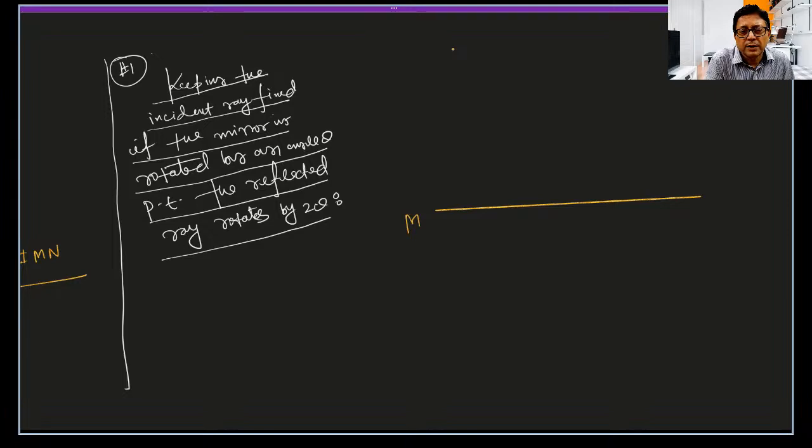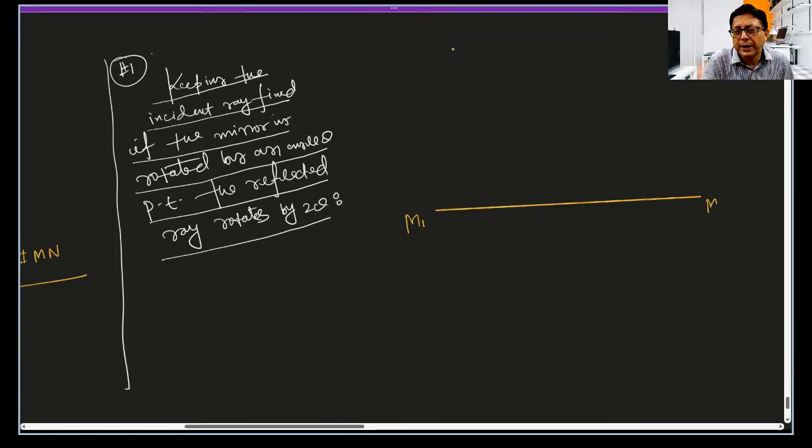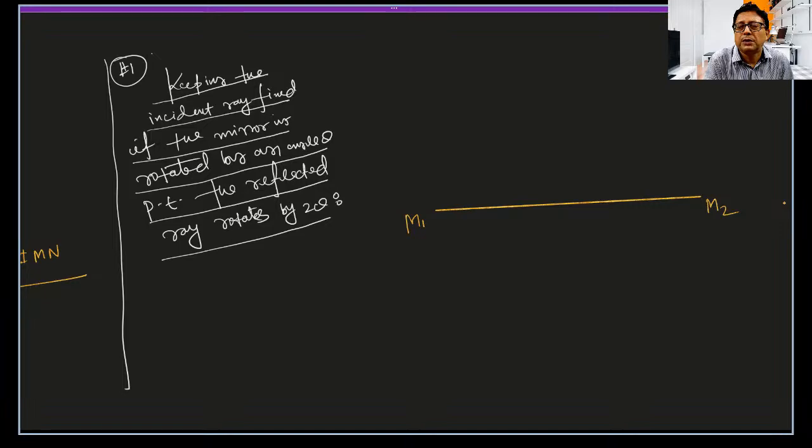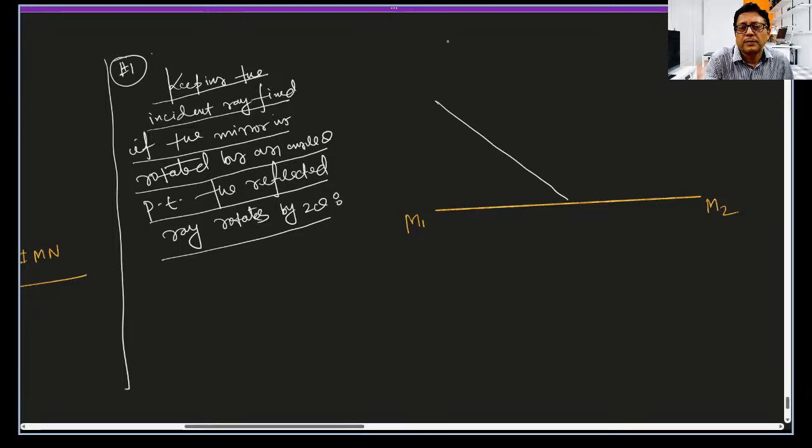This is mirror M1, M2. The incident ray is there, and reflected ray. This is the normal. Point of incidence O, normal, incident ray, reflected ray, I, R. Let me explain the problem.